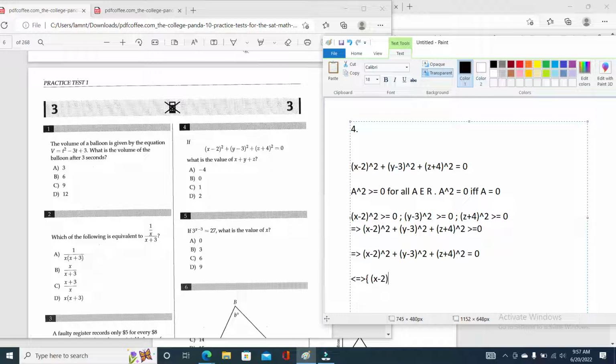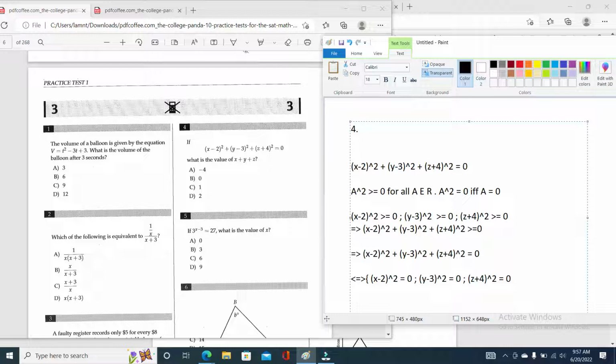x minus 2 squared equals 0, and y minus 3 squared also equals 0, and also z plus 4 squared equals 0.